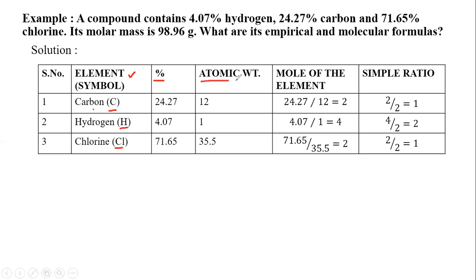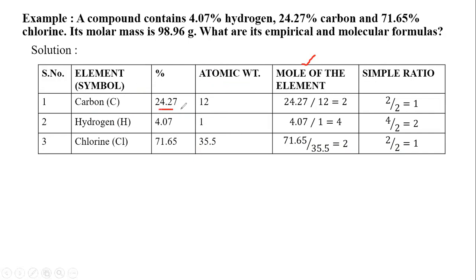The third column contains the atomic weight. The atomic weight of carbon is 12, that of hydrogen is 1, and that of chlorine is 35.5.